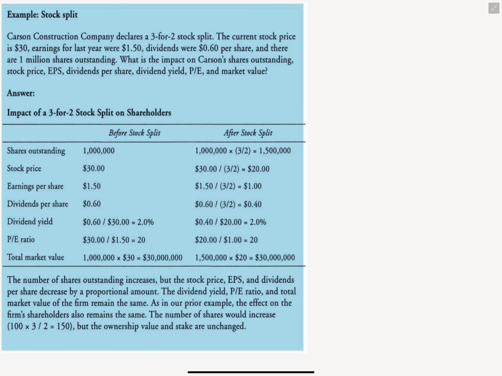Here the current stock price is $30, earnings per share is 1.5, dividends is 0.6 per share, and there are 1 million shares outstanding. What's the impact, like in the previous example, on shares outstanding, stock price, earning per share, dividend per share, dividend yield, price earning ratio, and the market value?